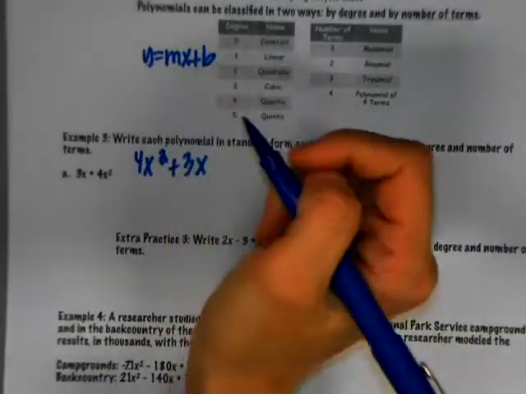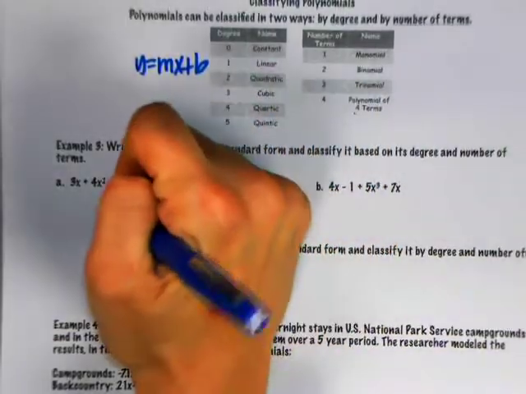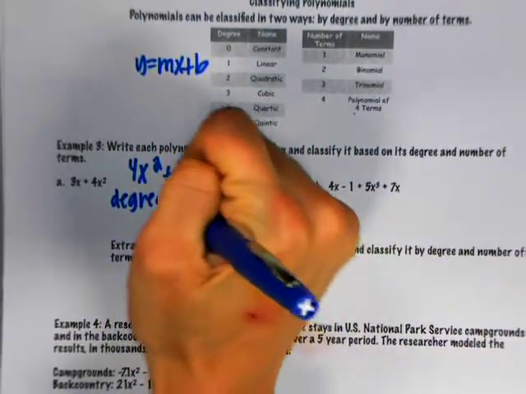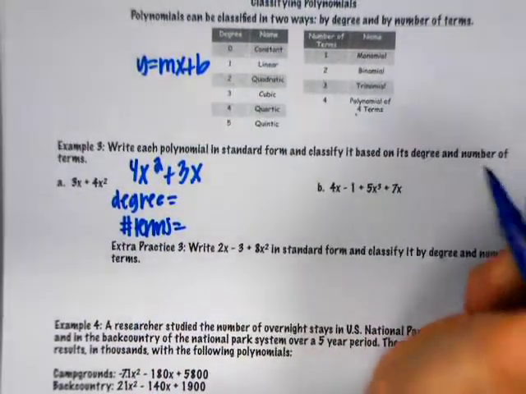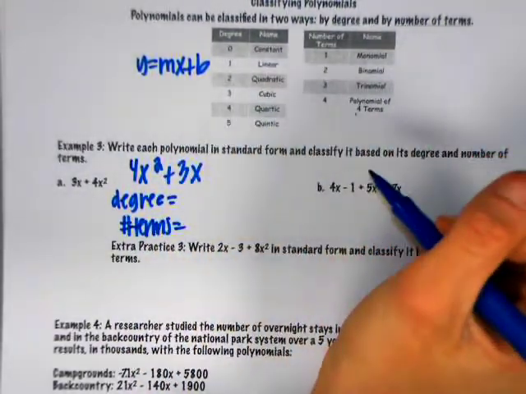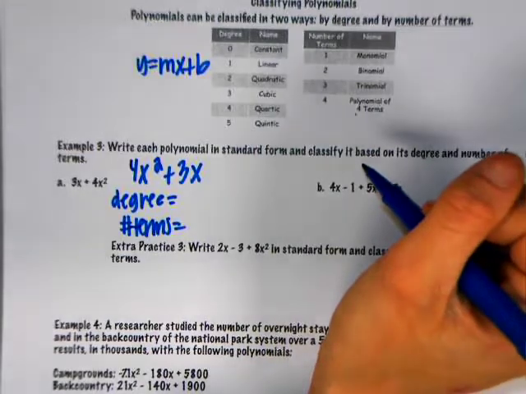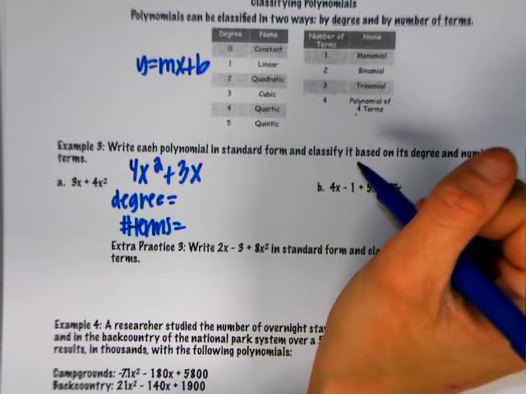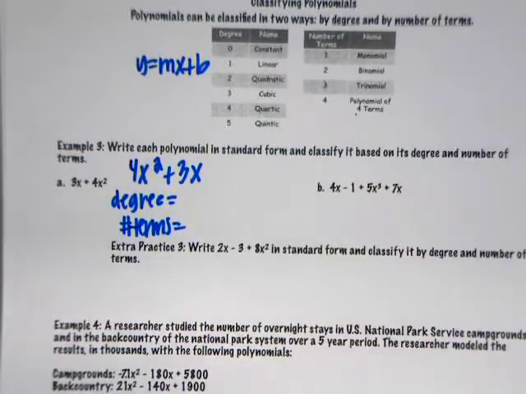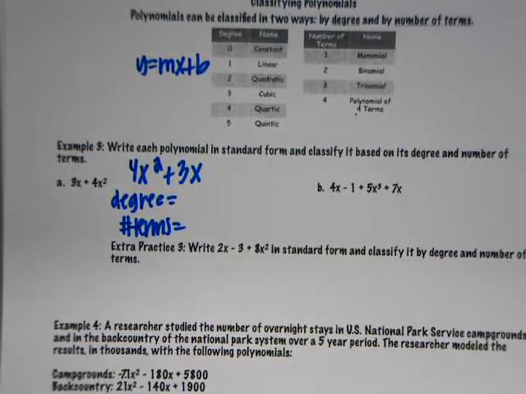Okay, then you need to find the degree and the number of terms. What's the degree for this one? Remember, what's degree? The definition's on the page before this. Well, the degree isn't 3, because remember, you only add if it's 2 different letters.